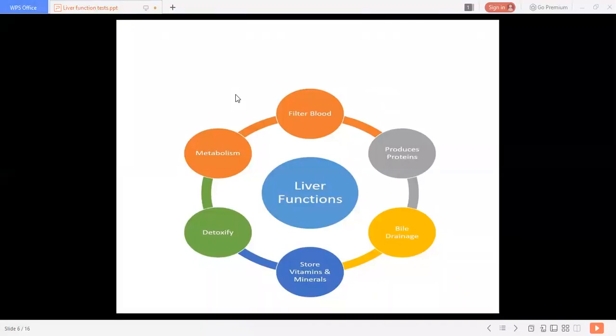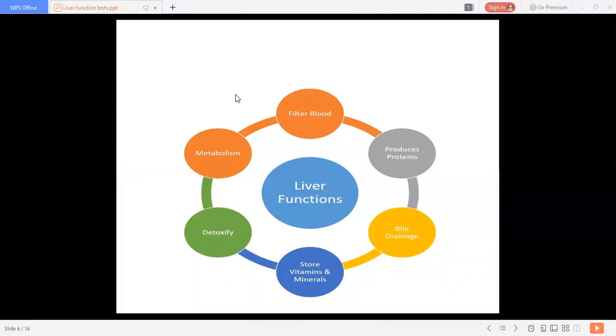Then liver cirrhosis also brings down the albumin levels rapidly. Whenever there is any dysfunction or metabolic derangement of the liver, in those conditions the level of albumin decreases.